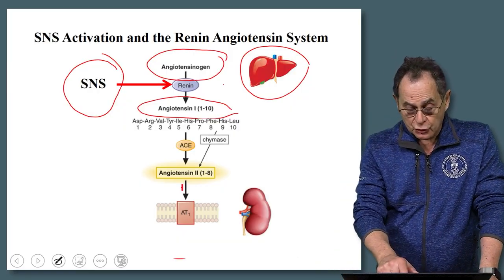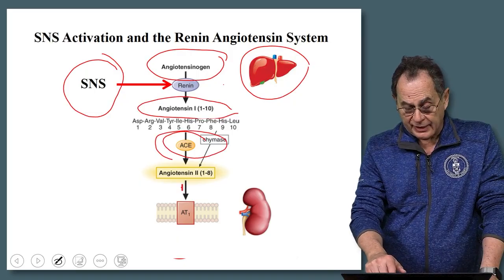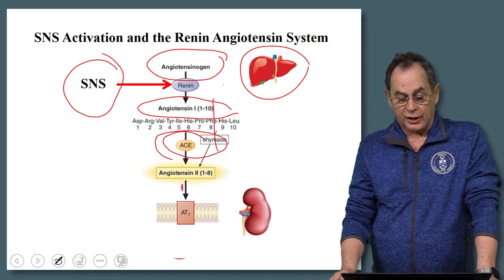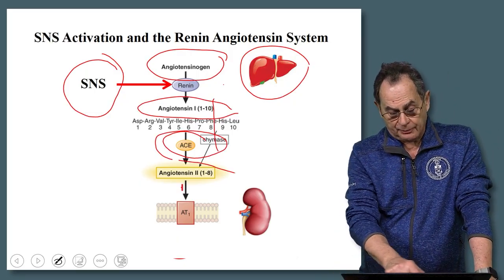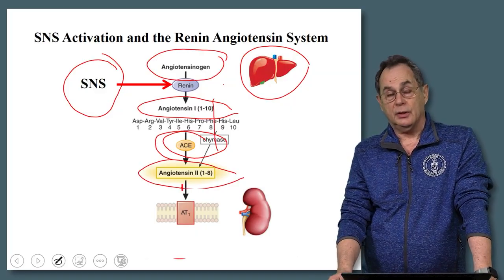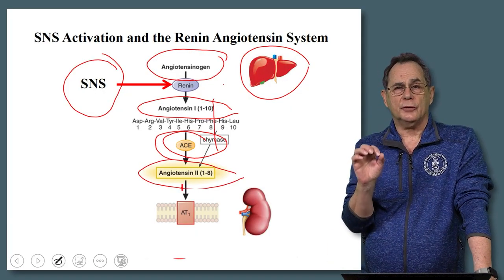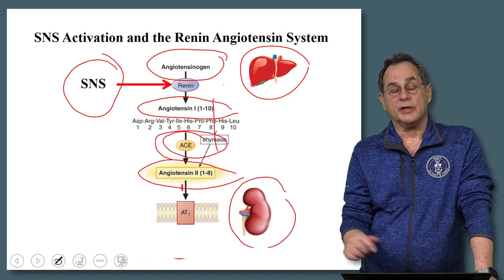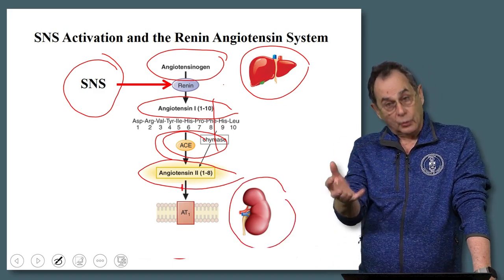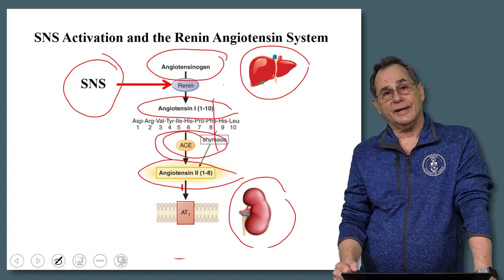And angiotensin 1 is rapidly cleaved to generate an 8 amino acid peptide called angiotensin 2. And angiotensin 2 has important functions that serve to increase salt, and with it water, reabsorption by the kidney.